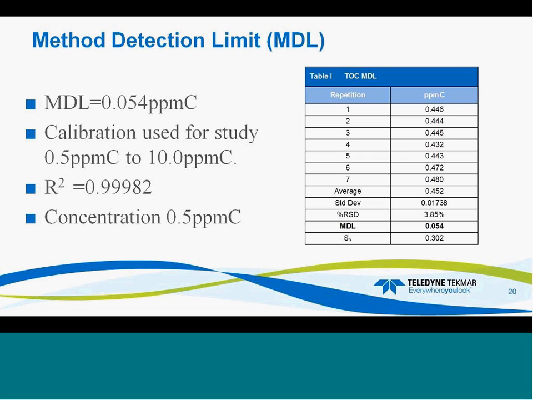This is the same injection volume as you would use for 20,000 ppm, all the way down to 0.5. So the MDLs were 54 ppb, and precision is demonstrated here.